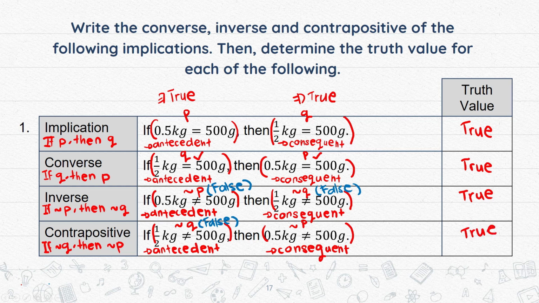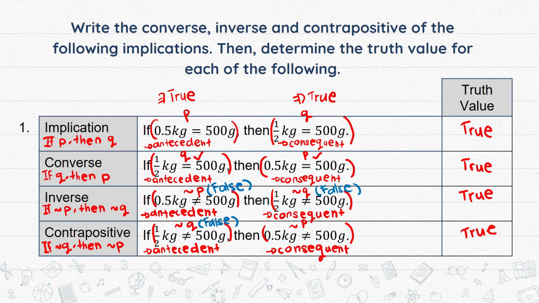This is the situation where all of these are true: the implication is true, the converse is also true, the inverse is true, and the contrapositive is also true.